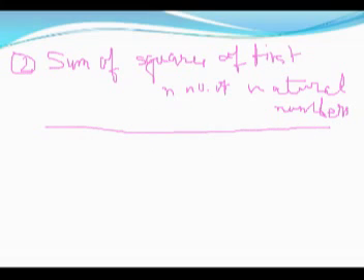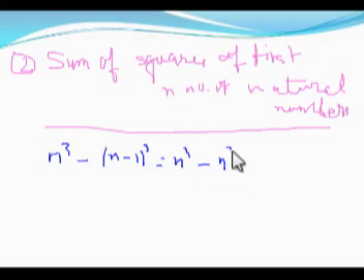First we know that, what is n cube minus (n minus 1) whole cube? If we follow the formula of (a minus b) whole cube, it will be a cube, minus, plus 3 n square, then plus becomes minus 3n, and then minus becomes plus 1.